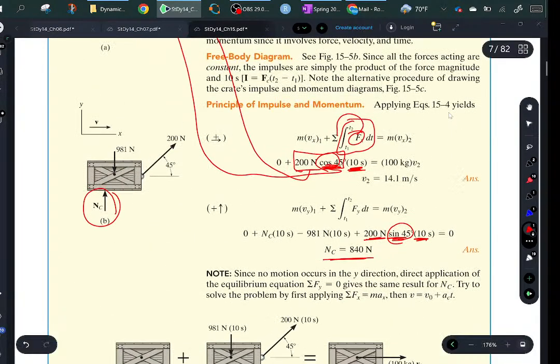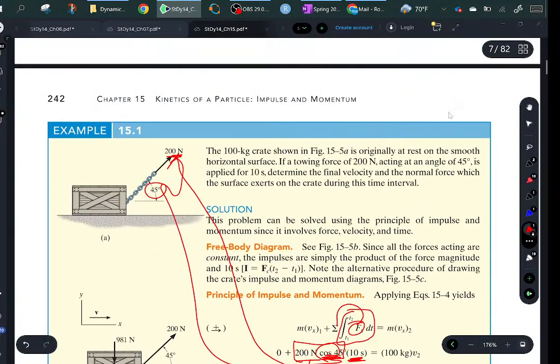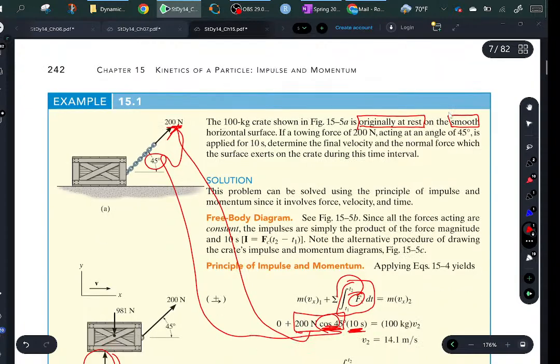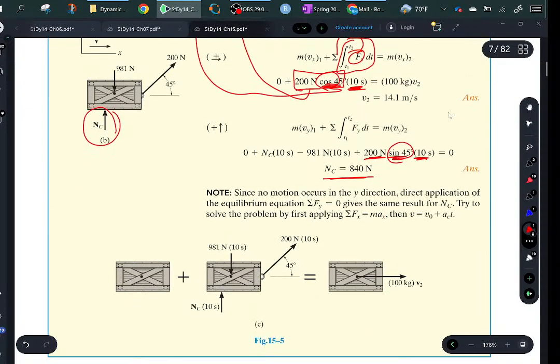Now the thing is, this is a kind of a state thing, and the fact that it's originally at rest on a smooth surface, meaning no friction. So what you see is no velocity here.